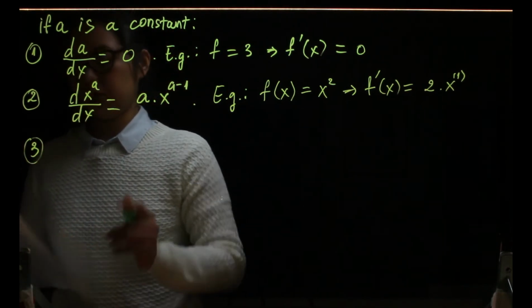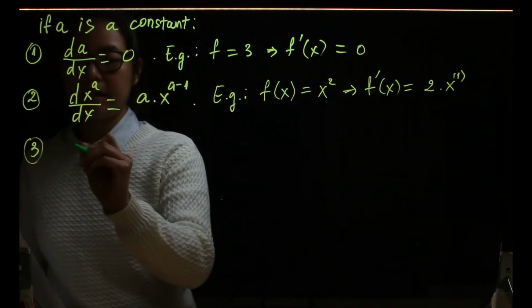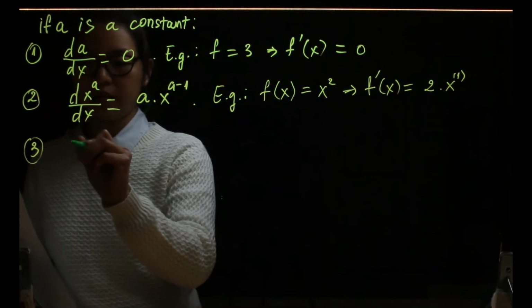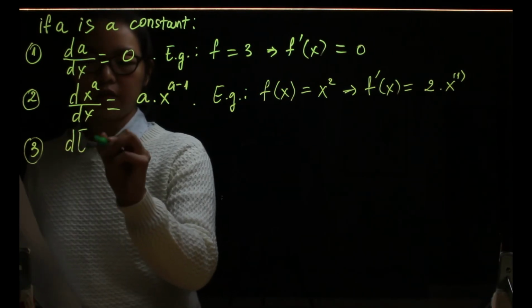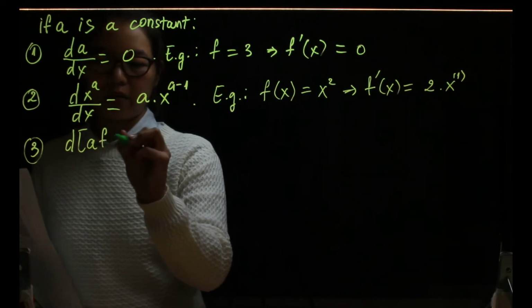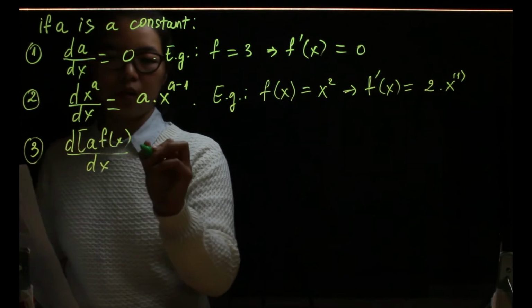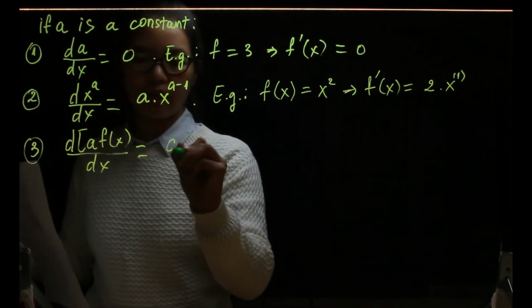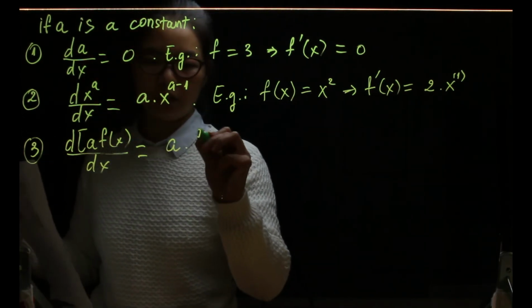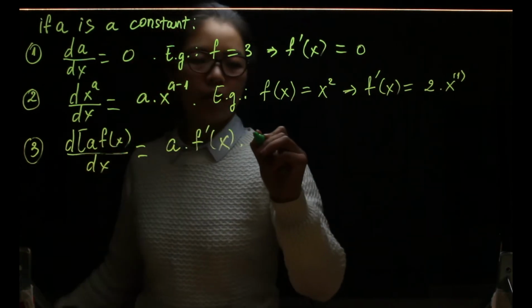The third rule. Now if we have a constant times a function of x, then the derivative of the product, a times f(x), with respect to x will be a times the derivative of that function with respect to x.